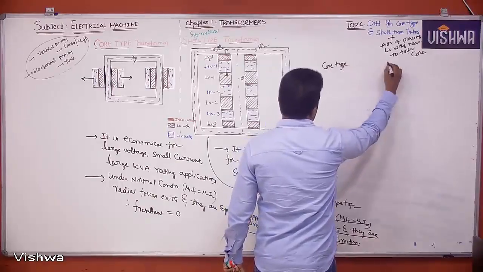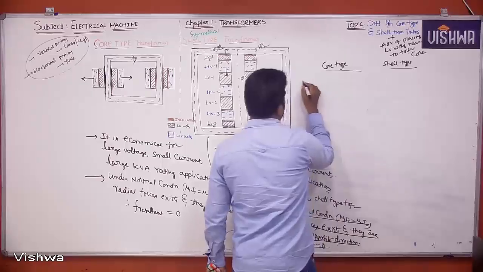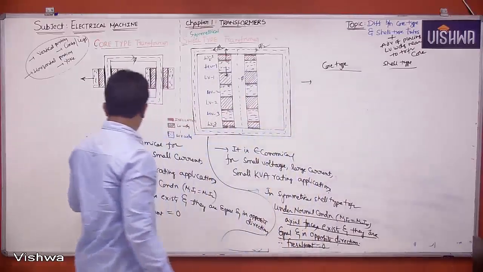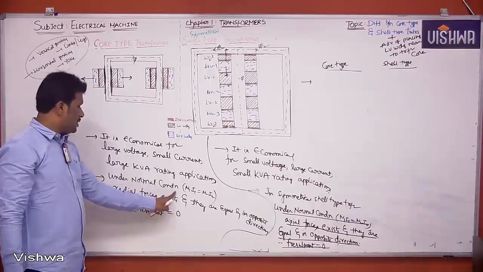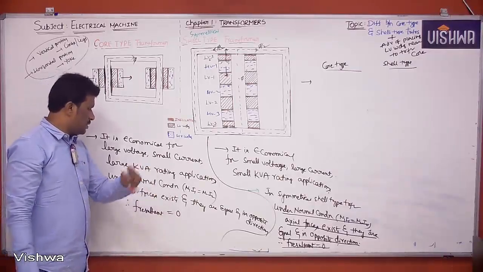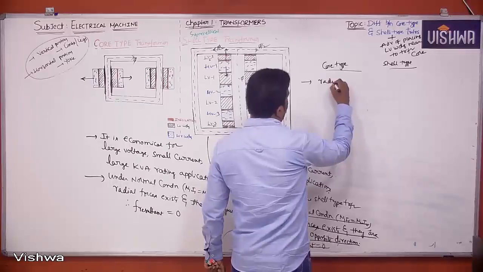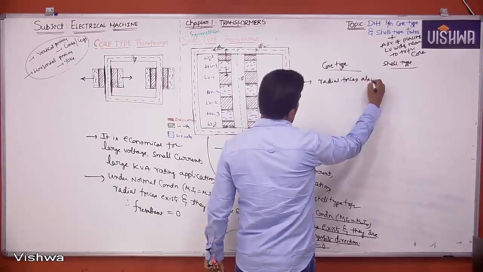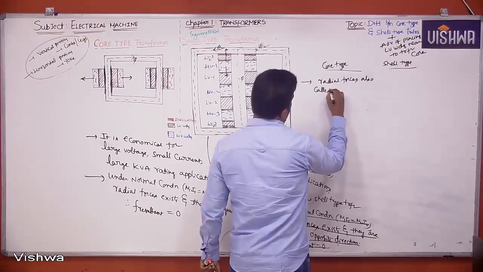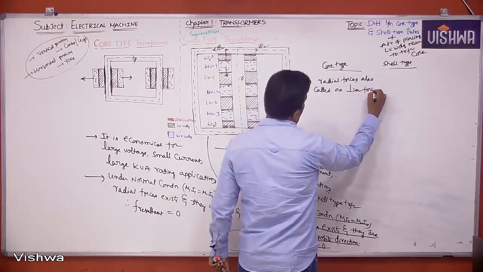Before that, see, core type and one more thing. What is this? Shell type transformer. Core type, shell type. So please write here. I told you in core type transformer, under normal condition, radial force exists. What is the other name for radial forces? Radial forces are also called perpendicular forces.